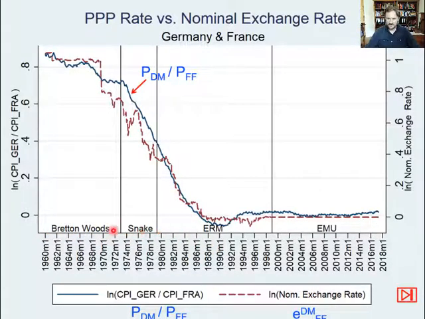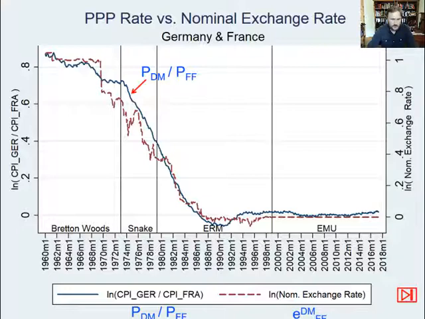The franc français displayed a steady depreciation against the Deutsche Mark in order to compensate for the higher French inflation rate. And this is exactly what the purchasing power parity theory predicts for such a case.